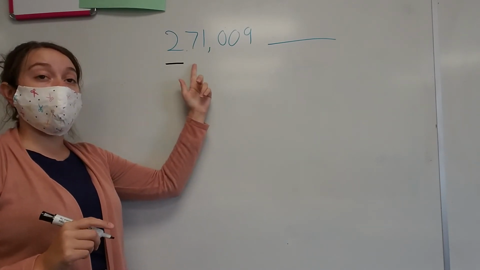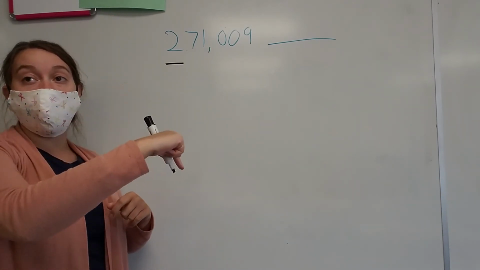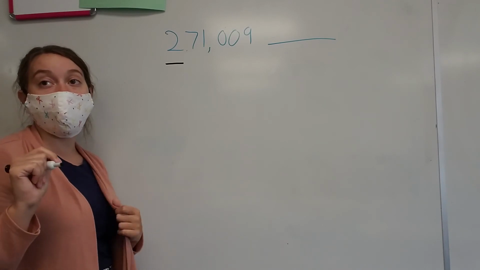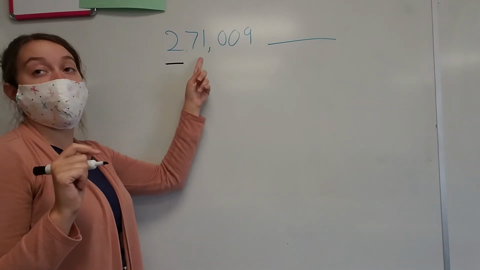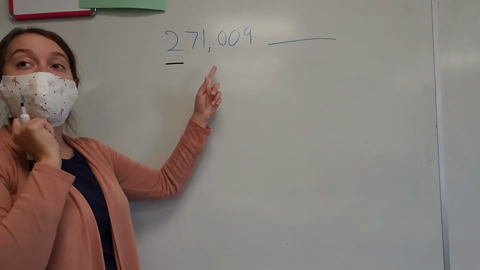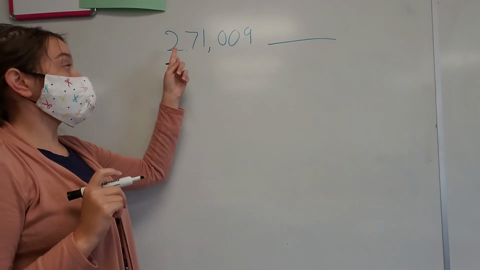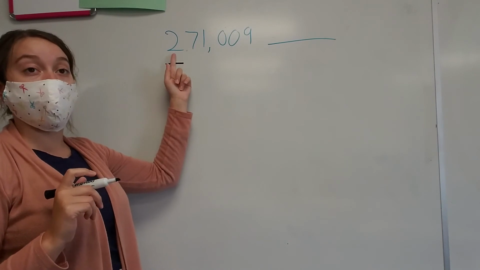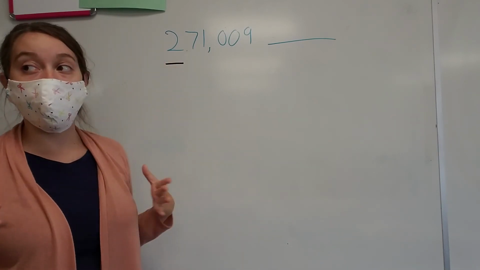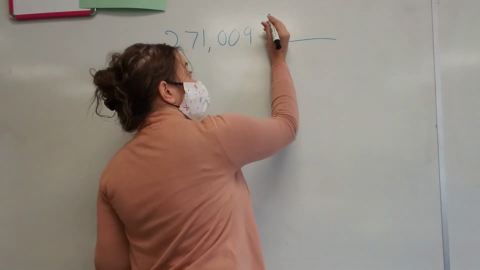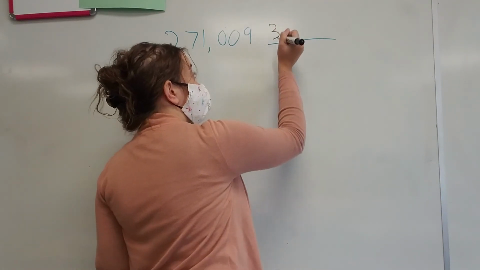Is my 7 going to make me round up or round down? Who can tell me? Keegan? Round down. My 7, is that closer to 3 or to 2? We're going to round up, right? So now, what's one more than my 2? Everyone? 3. So now my 2 becomes a 3.